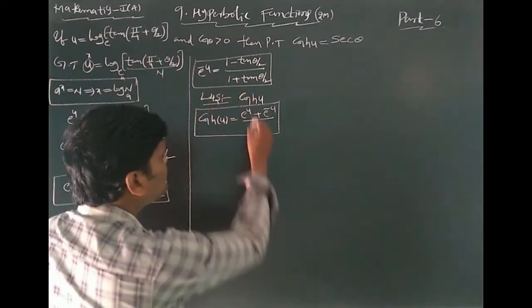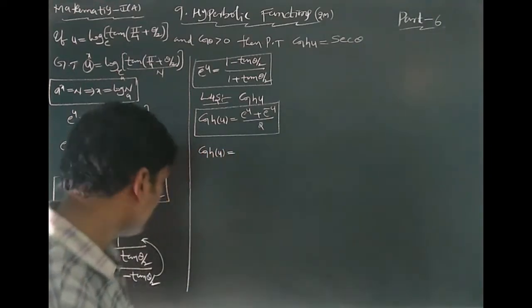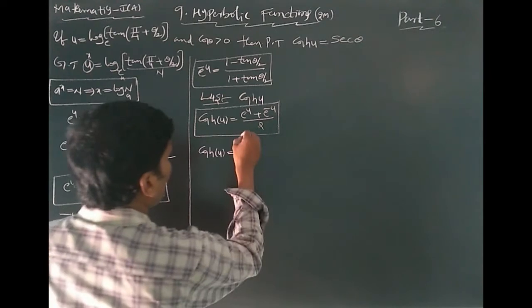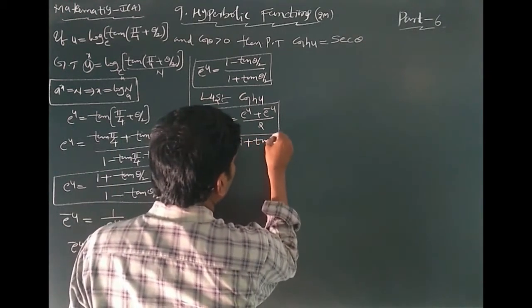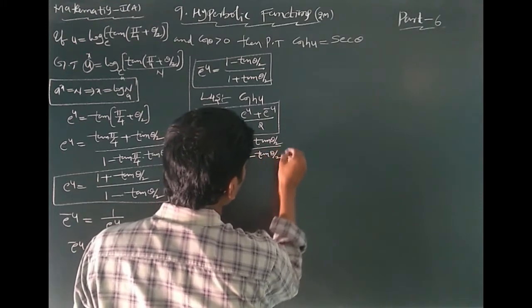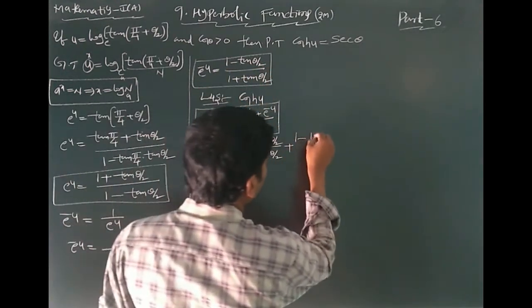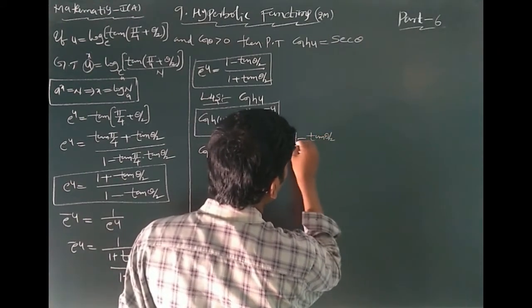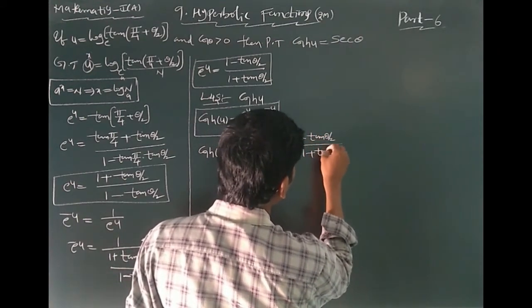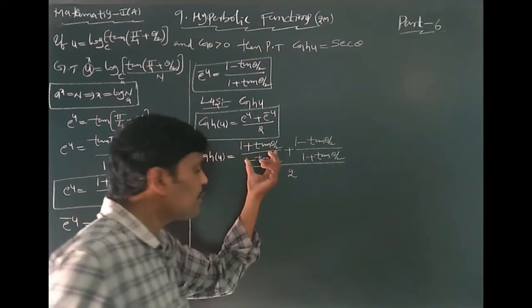After that, substitute each value. Cosh u equals e power u, which is 1 plus tan theta by 2 by 1 minus tan theta by 2, plus e power minus u, which is 1 minus tan theta by 2 by 1 plus tan theta by 2, all by 2.